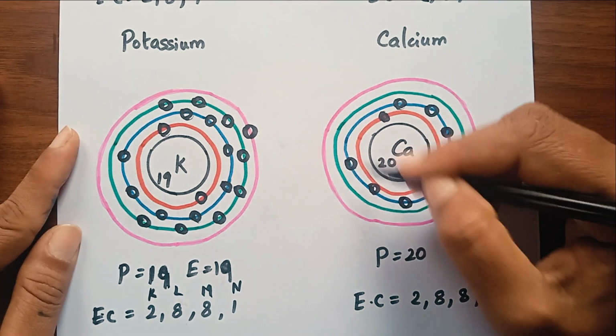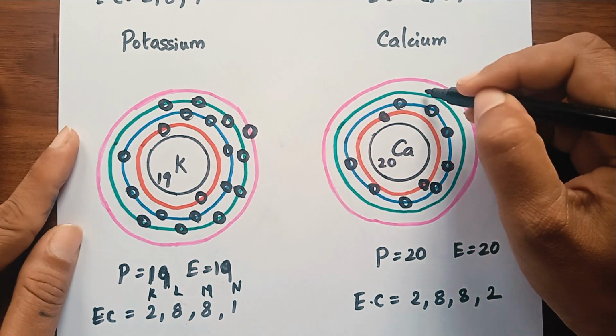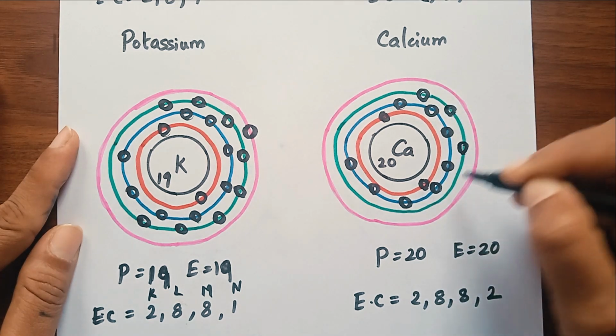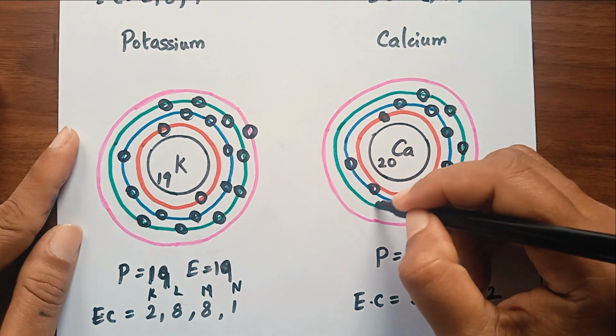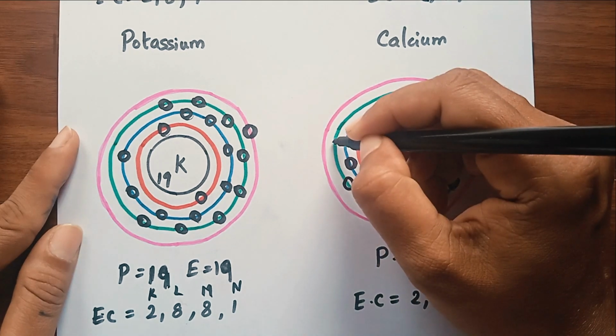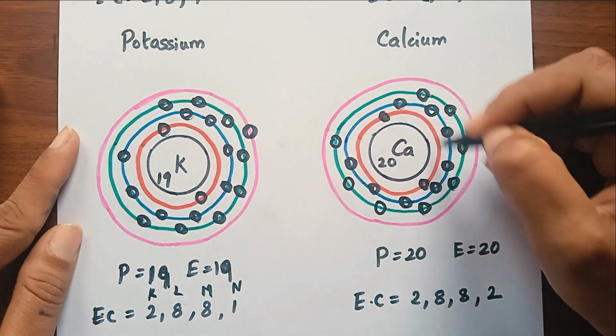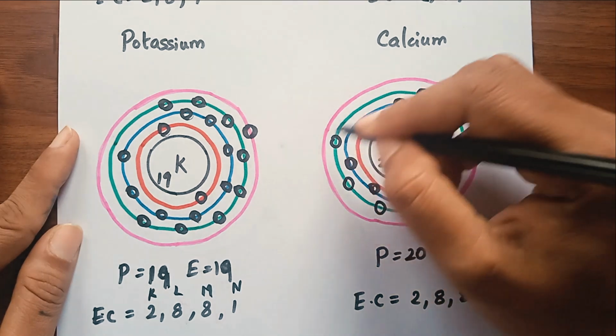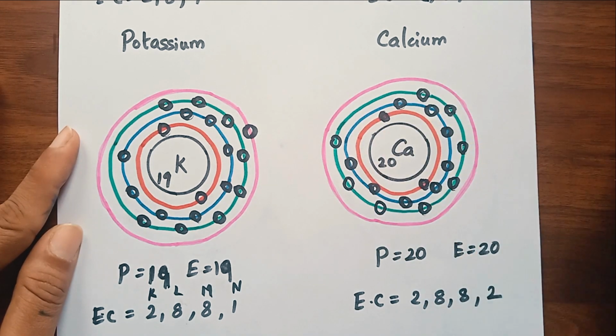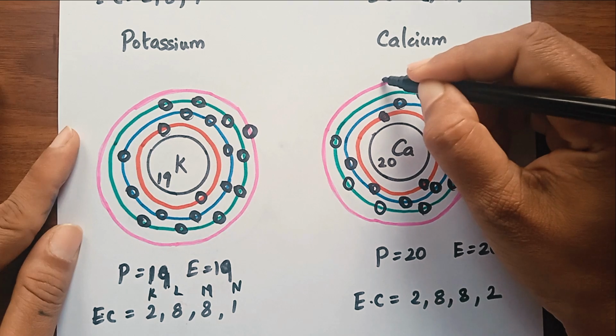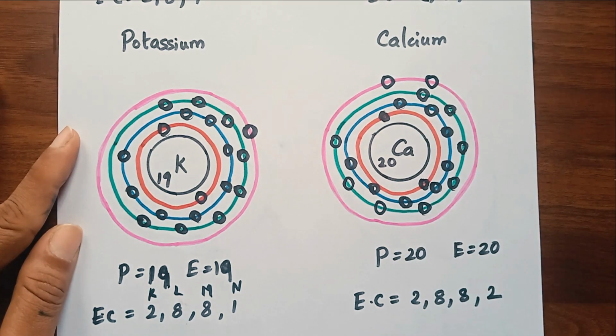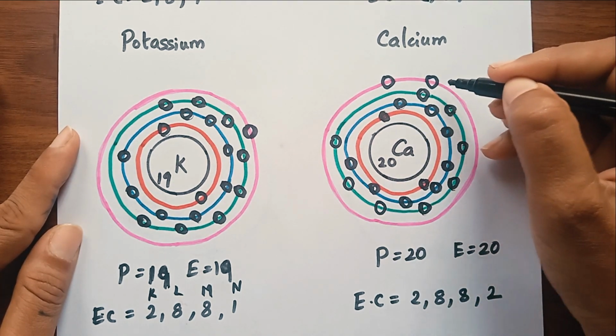So totally 2 plus 8, 10. And again 11, 12, 13, 14, 15, 16, 17, 18. So 2, 8 and one more 8. So totally 2 plus 8, 10, 10 plus 8, 18 has been filled. So the remaining 19, 20, I am filling in the N shell.